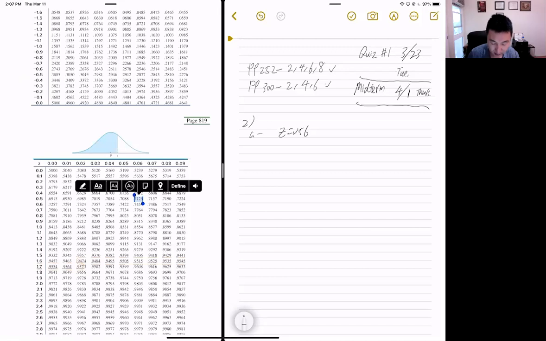Remember, the area or the probability is to the left-hand tail of the Z value. So part A is 0.7123.